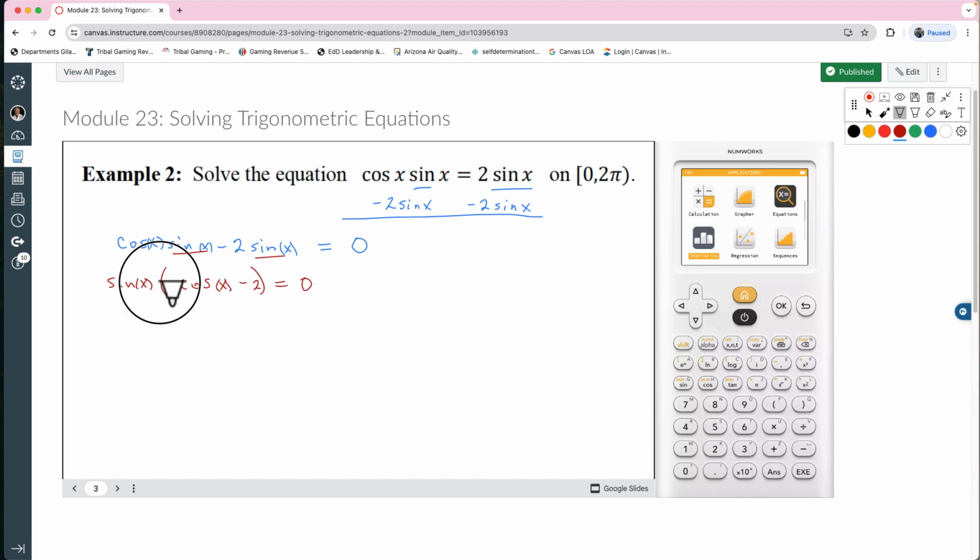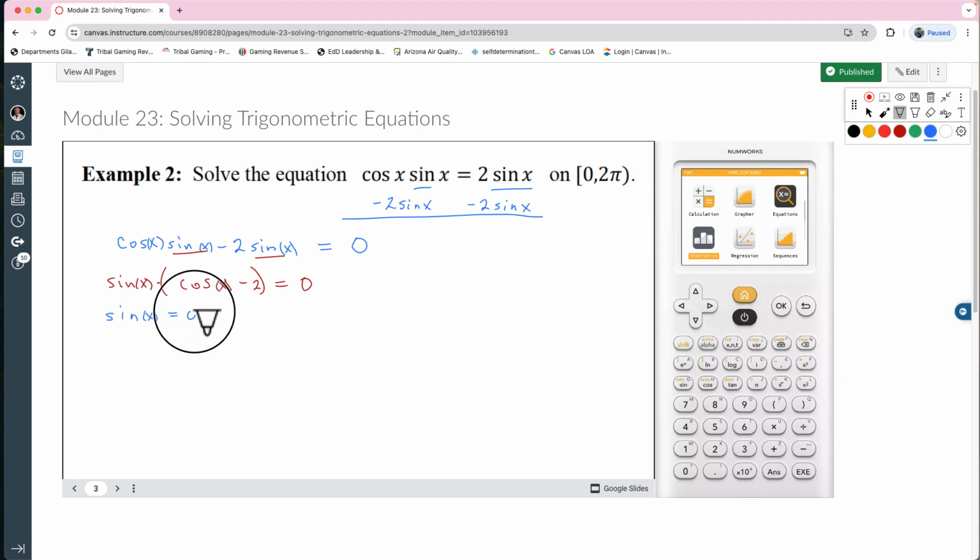And we have a multiplication of 2 items. And so we use the product rule of 0, that if you have 2 things that multiply to give you 0, the only way that can happen is for one of them or both of them to become 0.